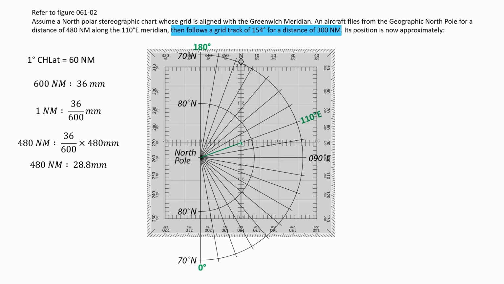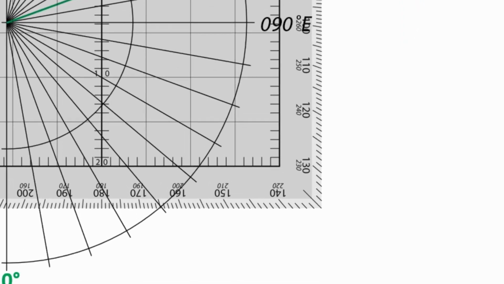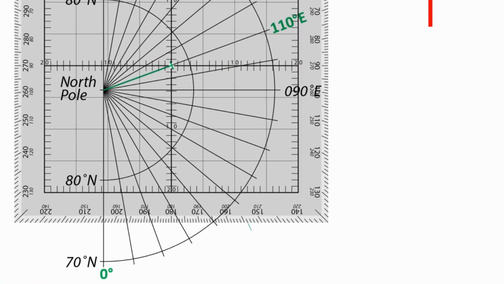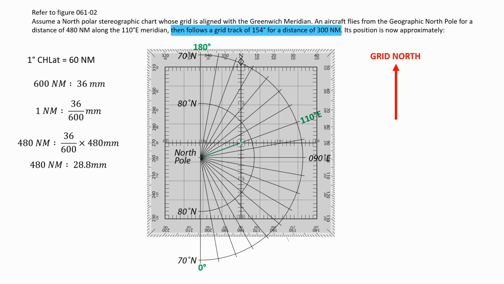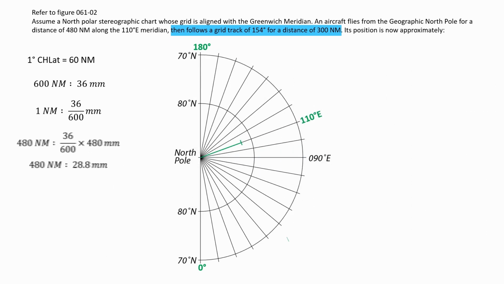Since we have aligned this chart to the drawing convention, our grid north is located at the top of the screen. After everything has aligned to its appropriate place, mark 154 degree. Remove the protractor. Draw a straight line to mark our second track. We now have our second track.